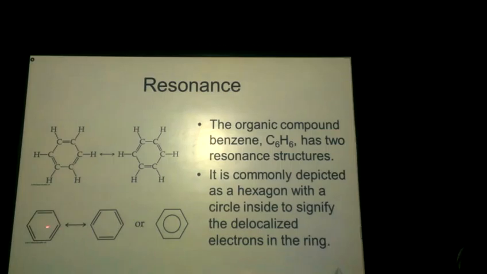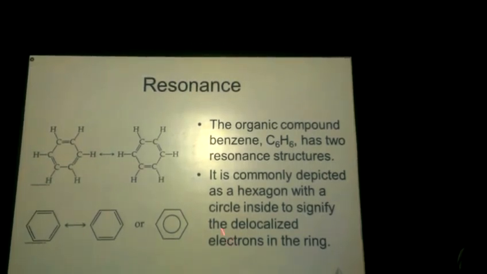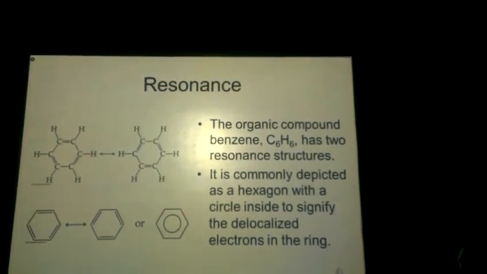Oftentimes in organic chemistry, we draw cyclic compounds like this. We forget about the hydrogens; we just assume that we know the hydrogens are there. Each point here would be a carbon, so I have a carbon here, here, here, here, here, and here, all in the corners. Oftentimes, instead of drawing benzene like one of these, because it doesn't matter, since the double bond could go either way, we usually just draw benzene with a circle in the middle of that cyclic structure.